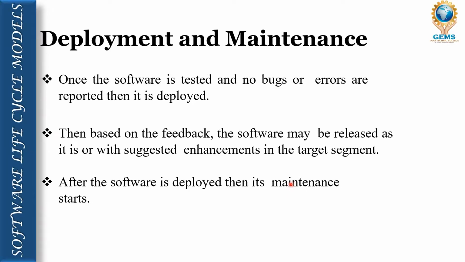Maintenance is one of the important and big phases of the SDLC, because we get feedback from the customer ends. That helps for the enhancement of the software, or for the upgrading, uplifting of the software. So this is the last phase of the SDLC, software development life cycle.